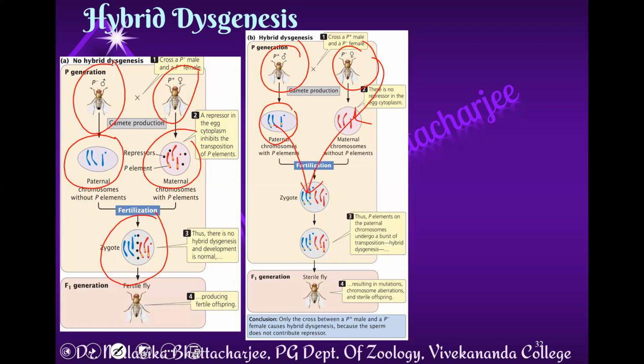Fertilization is occurring. Now, after zygote formation, since there is no repressor in the zygote, the P elements become free to move about. Since they are mobile DNA elements, they jump about and insert themselves into various parts of the maternal chromosomes also, as a result of which a series of mutations is introduced into the fly, resulting in a sterile offspring.